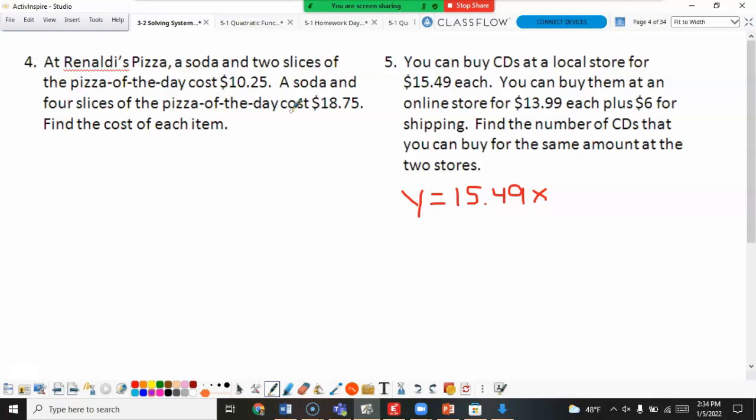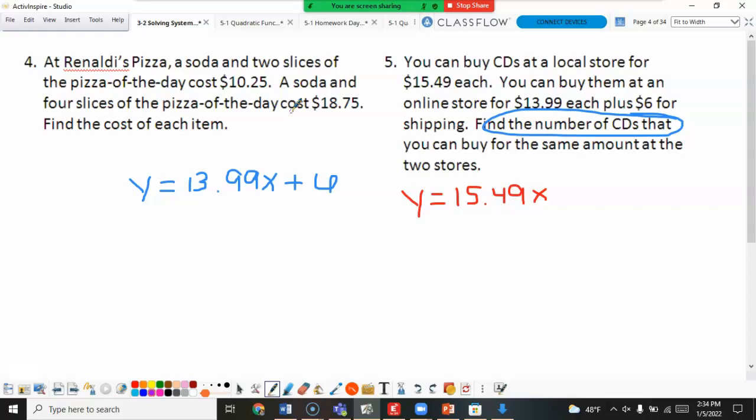Alright, so if one store is $15.49 for a CD at x number of CDs, and the other store is $13.99 for x CDs but costs $6 to ship, what store would you want to choose when, and when are the stores the same? So we want to know when the number of CDs you buy costs the same whether you go in-store or online.